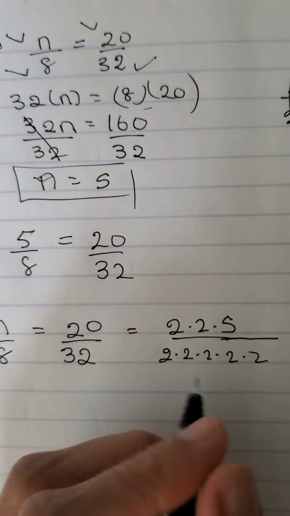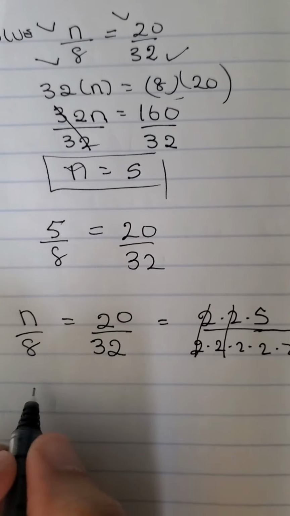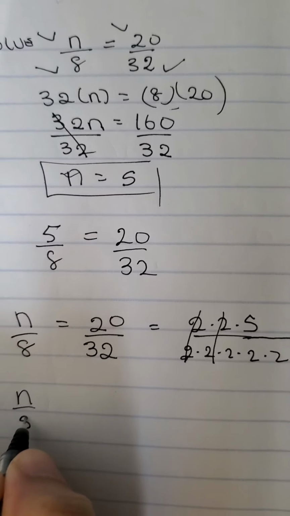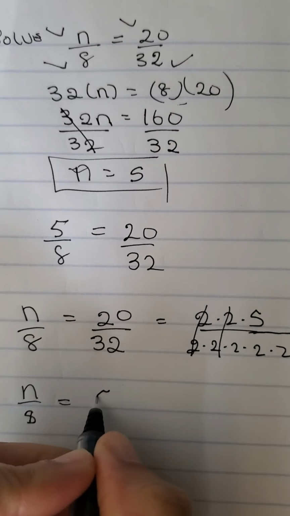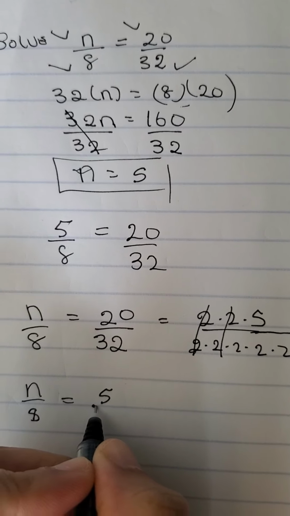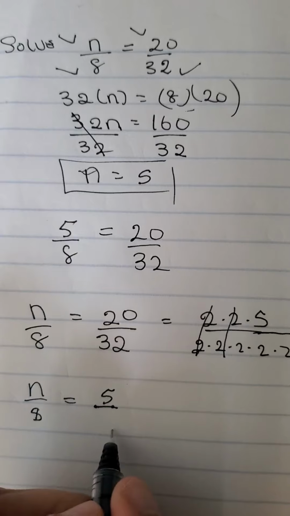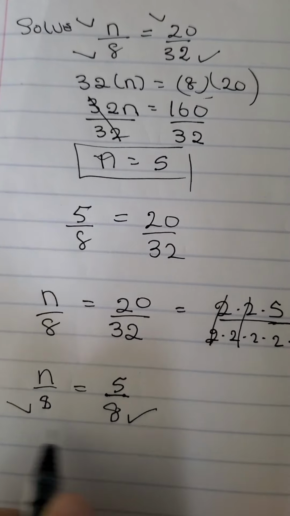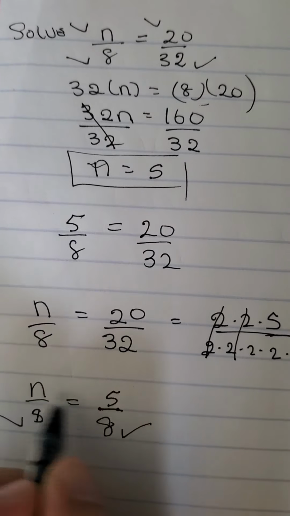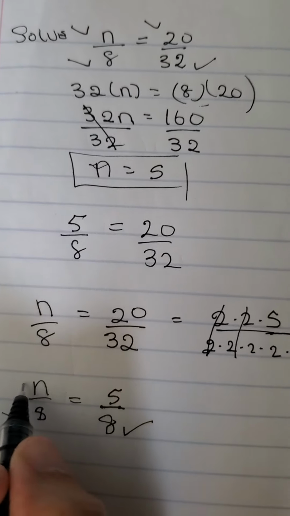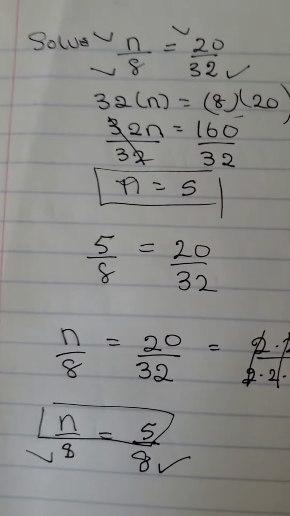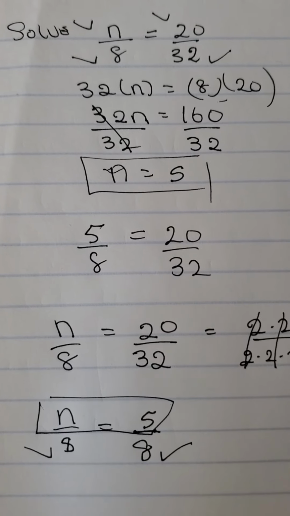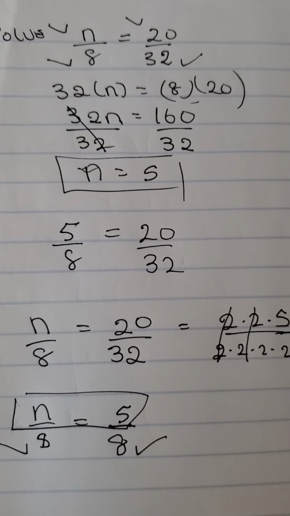And if I reduce, this is n over 8, and I'm left with 5 over 8. You've got to make sure that whatever you're left with has the same denominator. Once they're the same denominator, then it's going to be the same numerator. So n is equal to 5. So that's one way you can approach a problem like that.